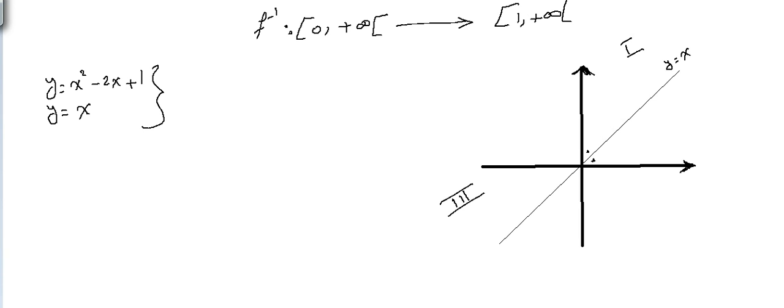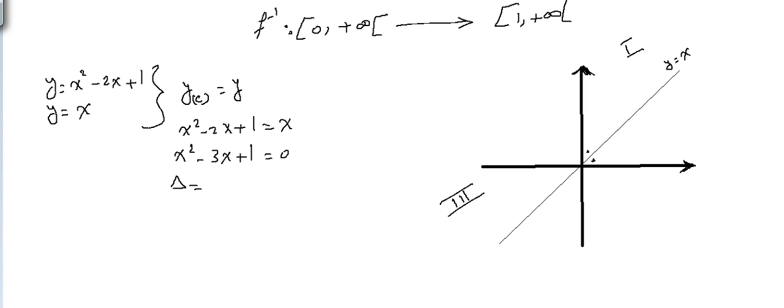If we have an intersection, this means y of the curve equals y of the straight line. This means x squared minus 2x plus 1 should be equal to x. Let's take x to the same side: x squared minus 3x plus 1 equal to 0. We find delta here. Delta is b squared, which is 9, minus 4ac, which is 4, which is equal to 5, a positive value, so two distinct real roots.